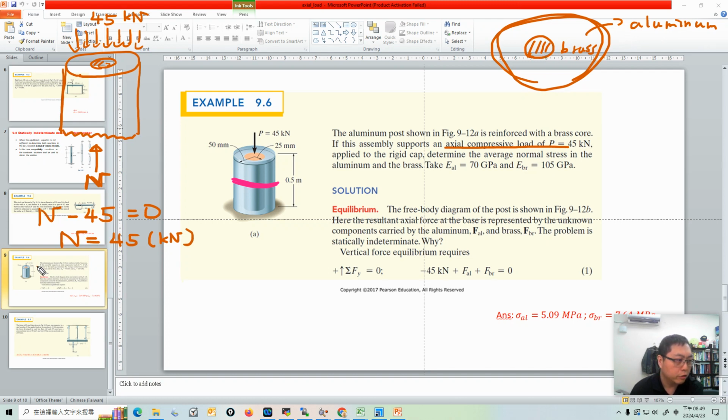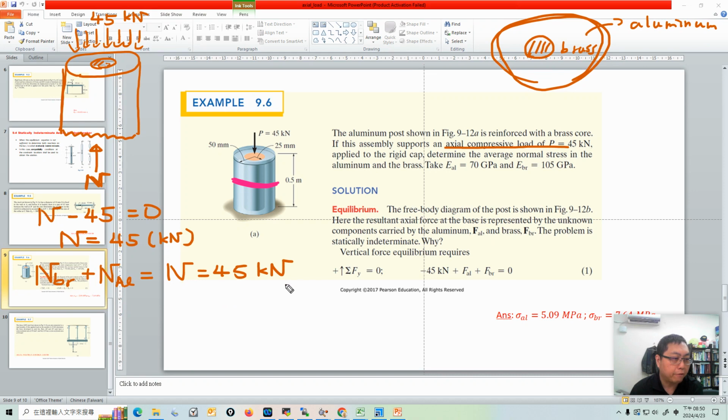So we assume the core is brass and the shell is aluminum, and the two forces, F brass plus F aluminum together, are equal to N, which equals 45 kilonewtons. That's what we got from the rigid body equilibrium. The problem wants us to determine the normal force on brass and on aluminum.